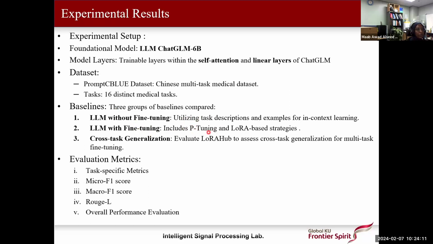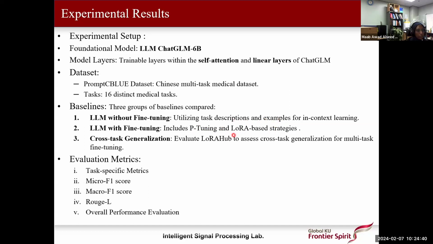First, they use the p-tuning strategy, which is a soft prompt tuning method, where we add trainable continuous vector parameters in front of the input and train these parameters for the different tasks.